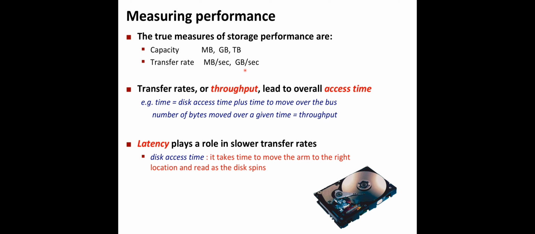And that leads to what we think of as an overall access time as well. So how long is it going to take to move a certain number of bytes that we've asked for? And this is how we want to measure the performance of different parts of the memory hierarchy.